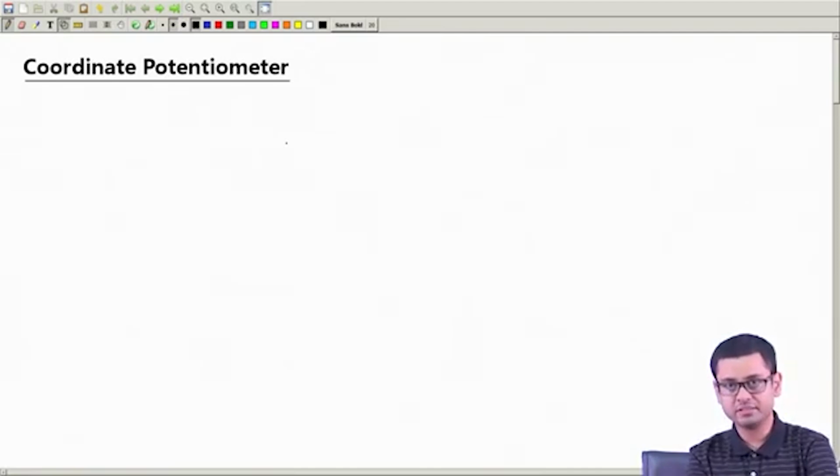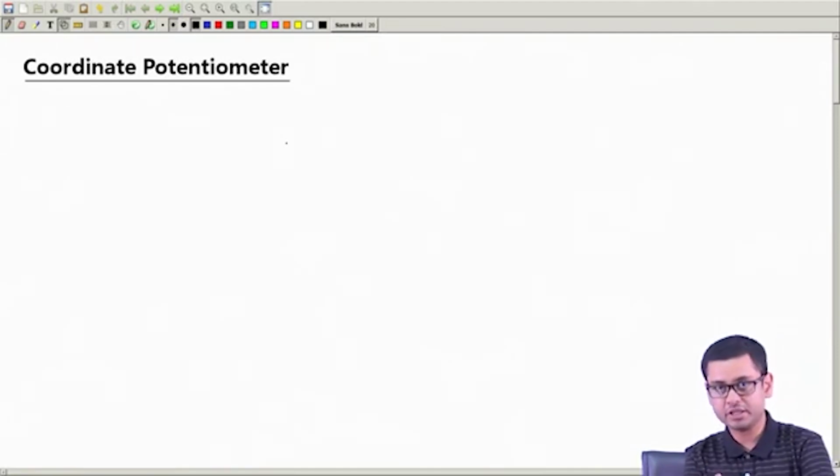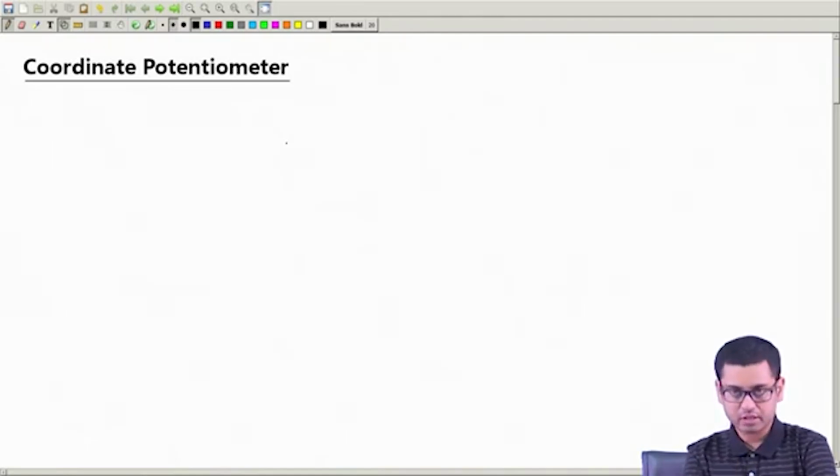So, we have seen how to take care of this phase angle using a polar potentiometer, and we are going to see another type of potentiometer, which is the coordinate potentiometer, with which we can again measure unknown AC voltages with arbitrary phase angle.